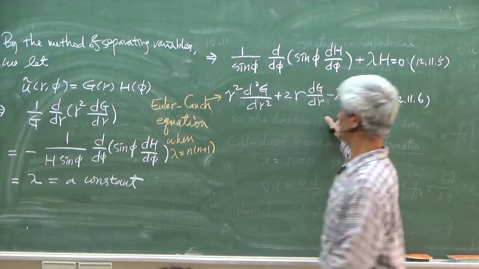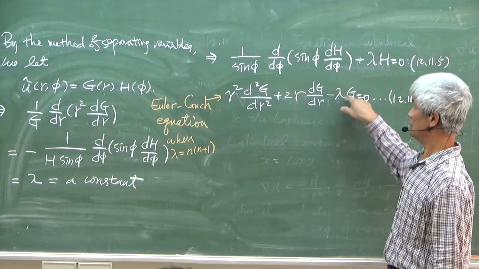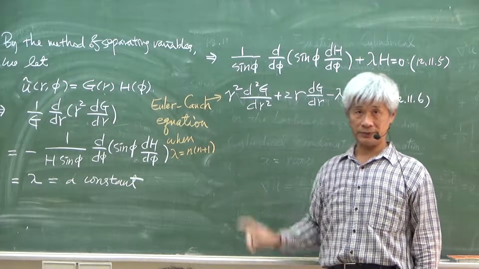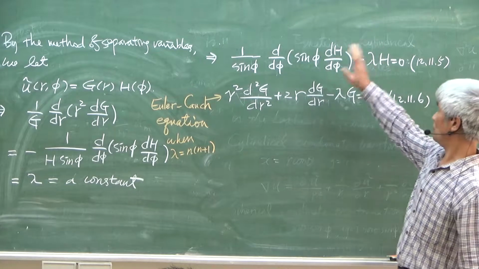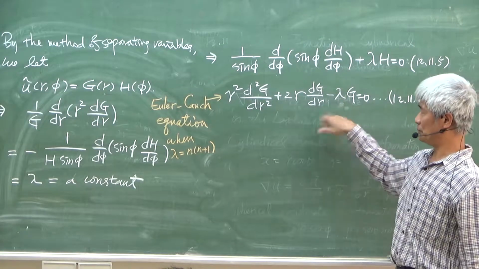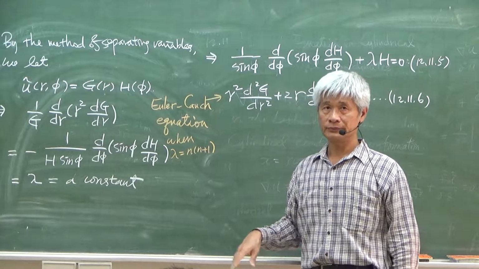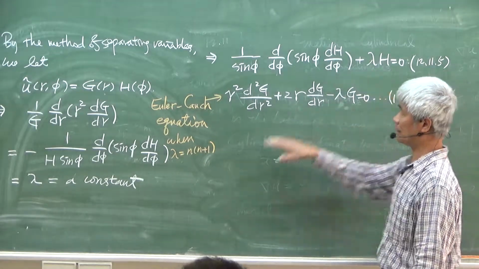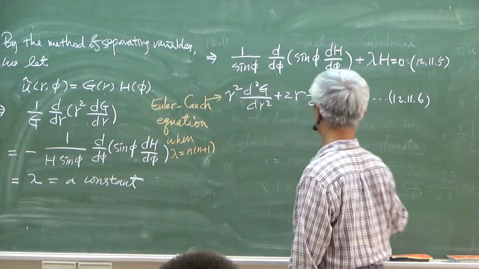We learned how to solve the Euler-Cauchy equation when lambda is equal to n times n plus 1. And I will explain why the lambda should be equal to n times n plus 1. Because here, lambda can be any constant, right? Lambda can be any constant.